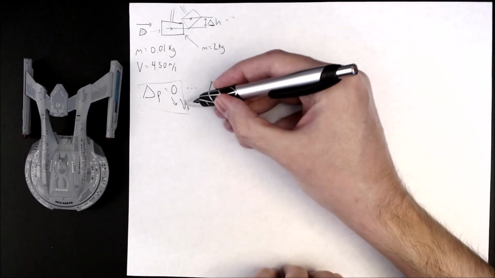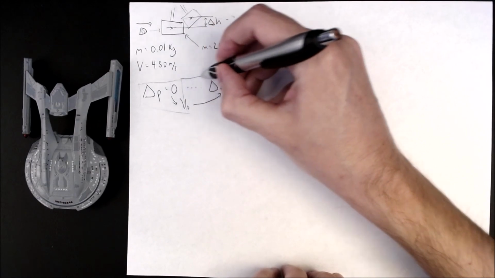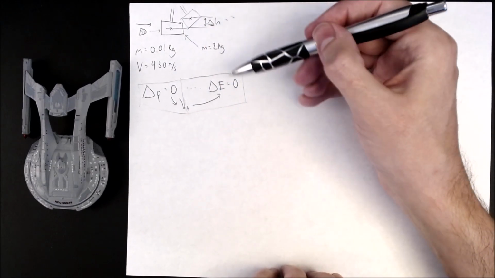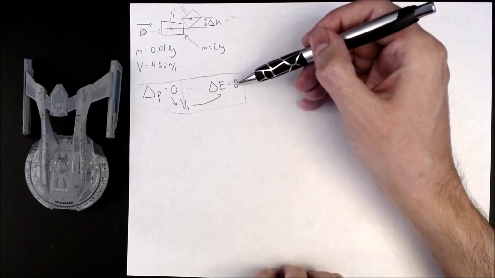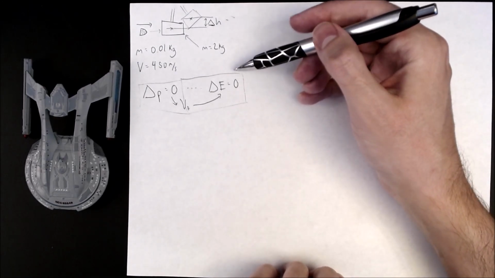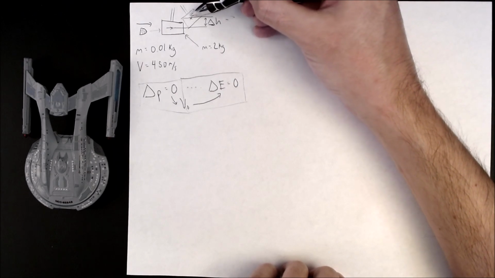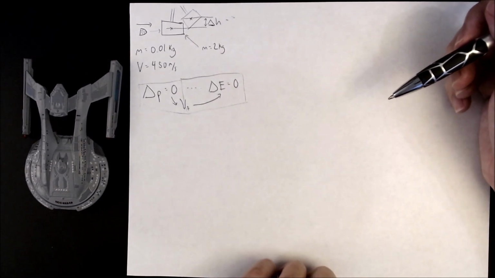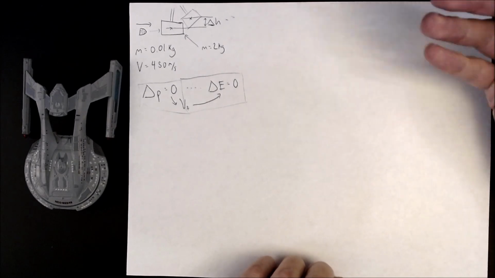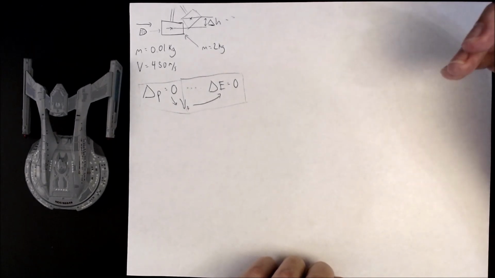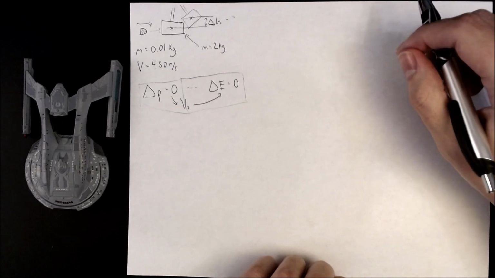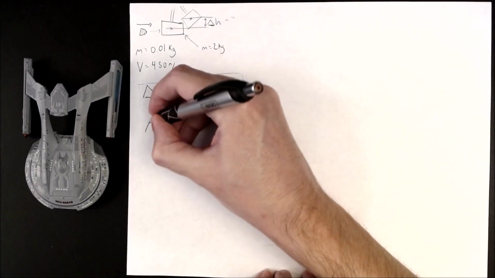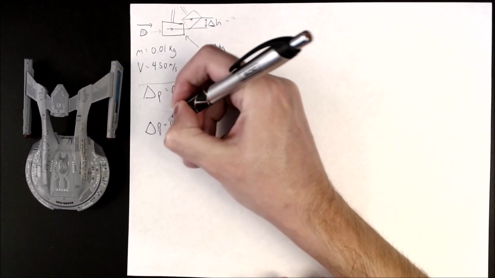Then we're going to take that final velocity and use that as the initial point of a delta E is equal to 0 equation, and take the final point to be the moment that it reaches its maximum height. So this is a multi-step, multi-type of problem. We're using multiple different things that we've learned in physics to solve this problem.